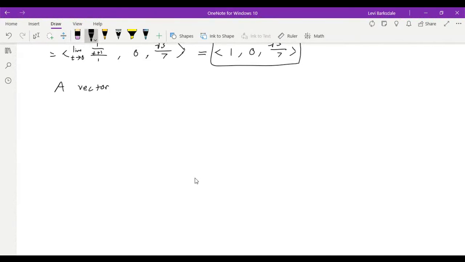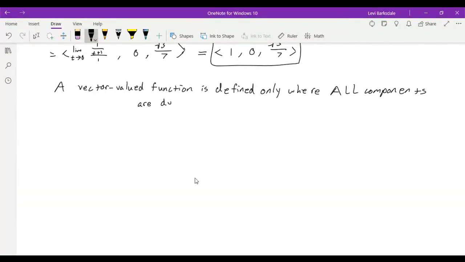So a vector-valued function is defined only where all of its components are defined. And this really isn't too difficult of a concept. We'll just do an example to illustrate.